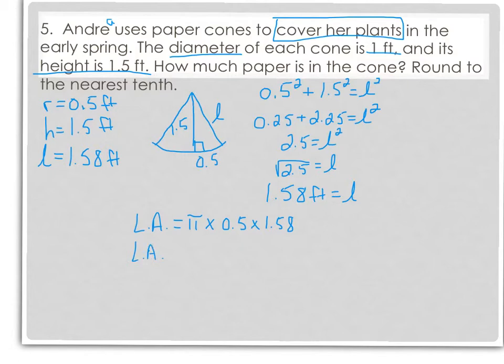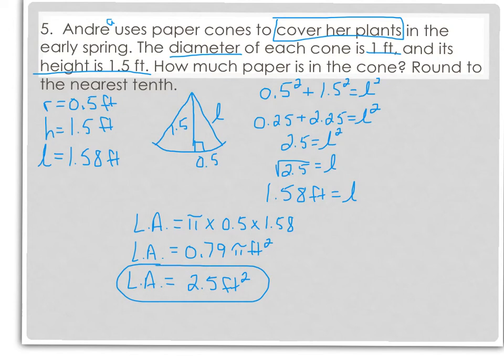So lateral area equal to 0.79 pi feet squared, and it said to round to nearest tenth. So our lateral area is about 2.5 feet squared. So that's how much paper is in one of her cones that she's using to cover her plants.